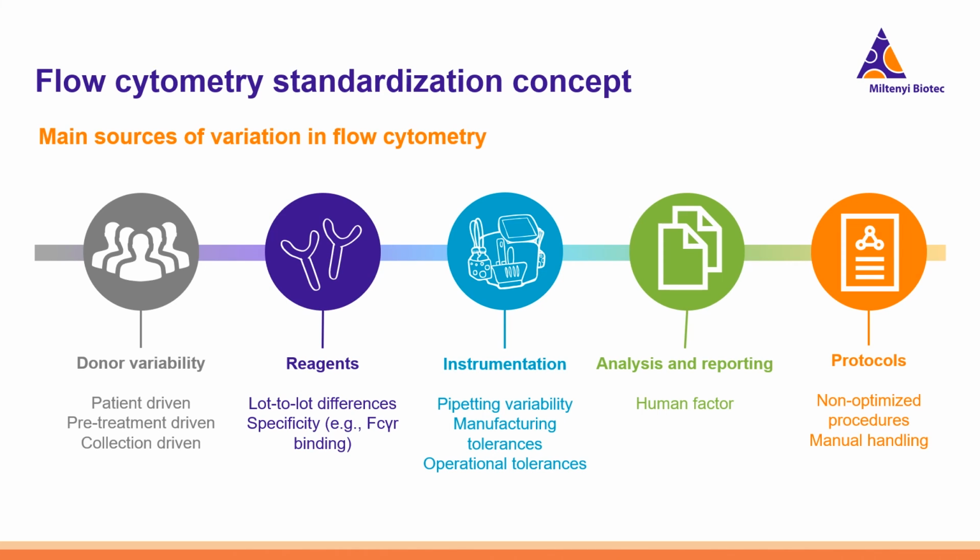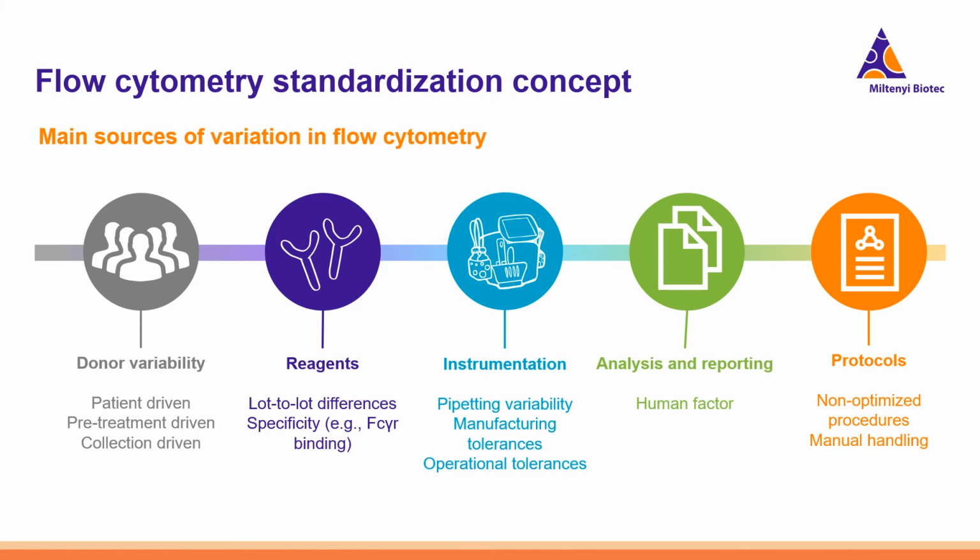And there is not much you can do, but there are other things, for example, the reagents, to ensure a lot-to-lot consistency of your antibodies. Also for instrumentation, there is pipetting variability, manufacturing tolerance, and operational tolerances.